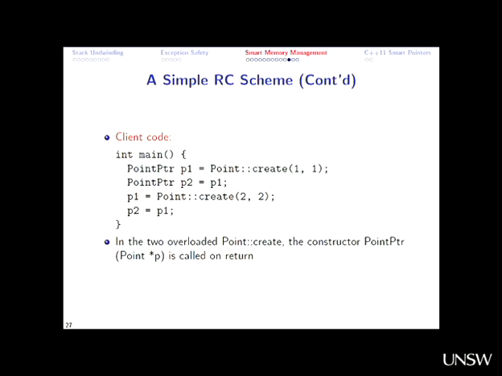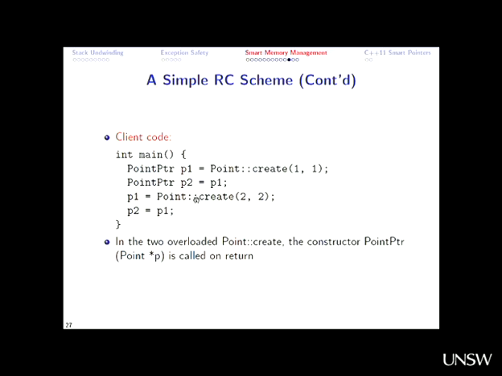But remember, the create is going to return a point pointer. So it's going to create that point pointer on return. Now I'm going to end up with a point pointer object, and so that second point object is going to be reference counted to 1. So at the end of this create, when it returns, what do I have?